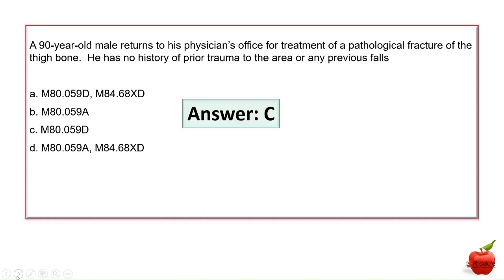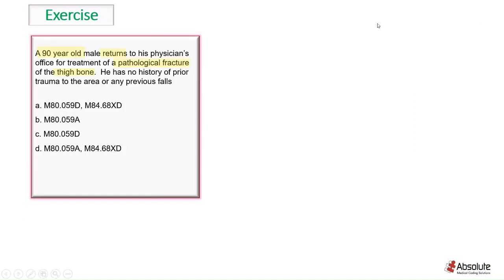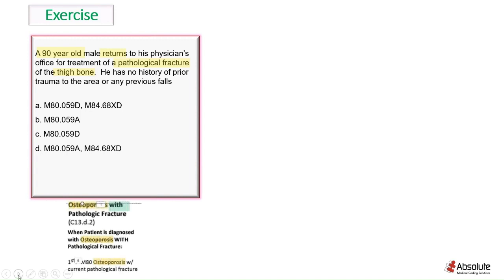The correct answer is going to be option C, and this is how we solve it. The keywords: a 90-year-old male returns to the office for the treatment of pathological fracture of the thigh bone. So the keyword is that the patient is returning to the physician's office.